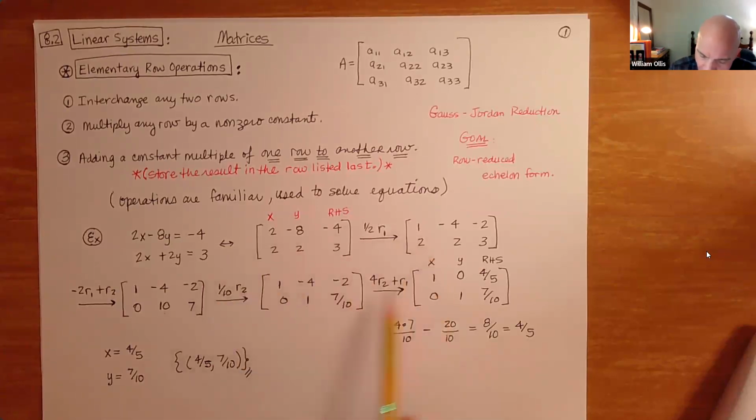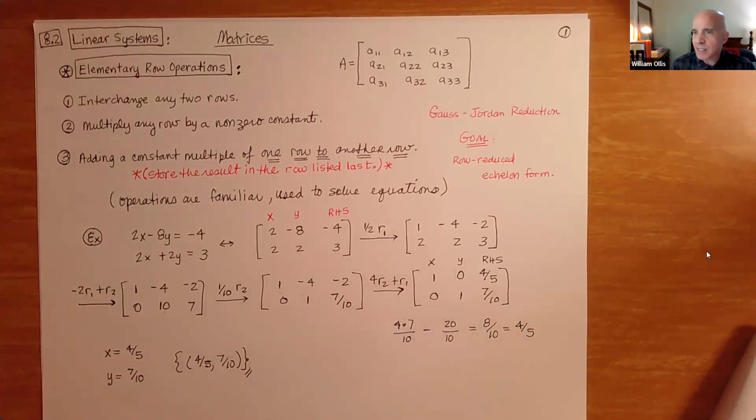So again, as you look through this process, you want to create the leading ones with each column. So you'll have a leading one, if possible, for each variable. And then you can actually read the solution. Now, of course, what's nice about the matrices is that they actually tell you when you have no solution, because you get inconsistencies like 0 equals 1.